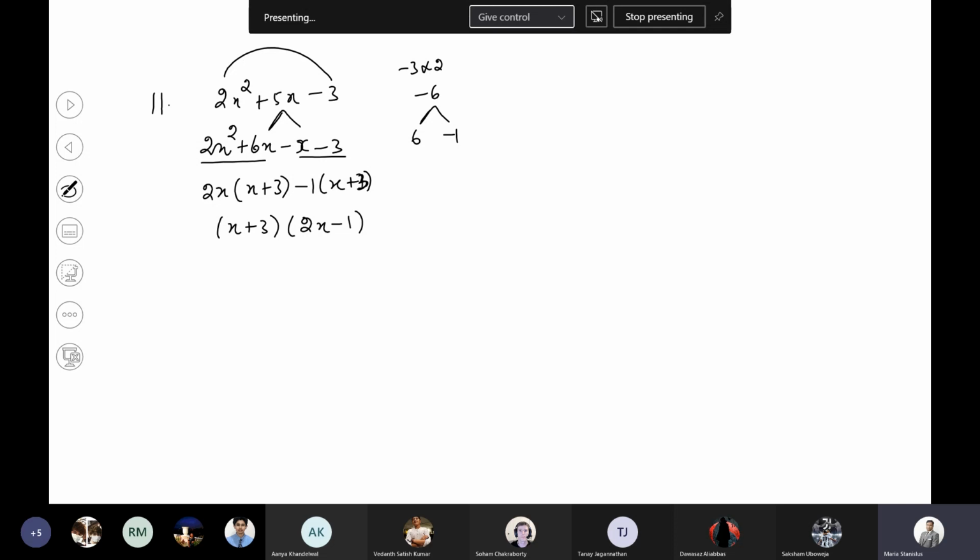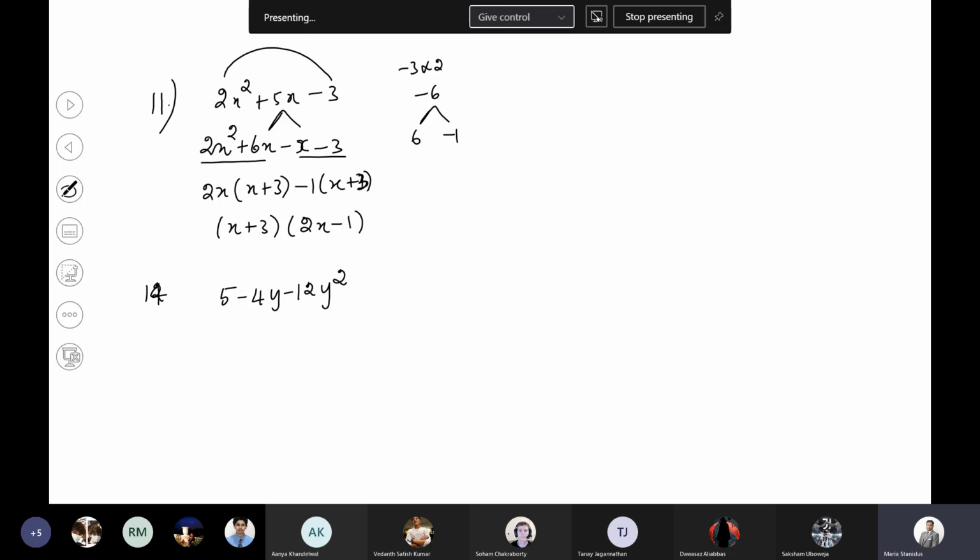Okay. So, question number 12. Not 12, this is question number 14. When you look at it, the leading term has the negative sign, which means 5 minus 4y minus 12y square. Now, what do we do in this case?